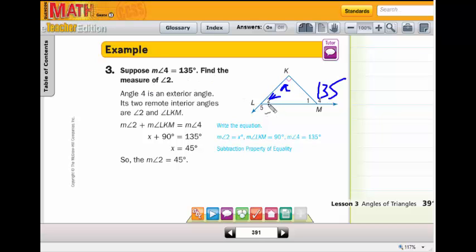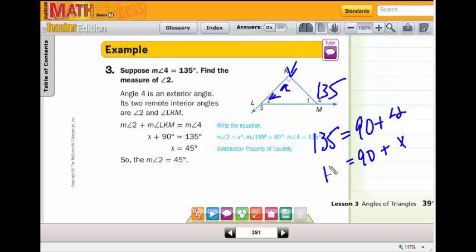Find the measure of angle 2. Well, we know that this angle is 90, so we can say that we've got 135 degrees here equals this 90 plus angle 2. So we've got angle 2, we'll call that x, so we'll change this to x, and our 90 plus x equals 135.